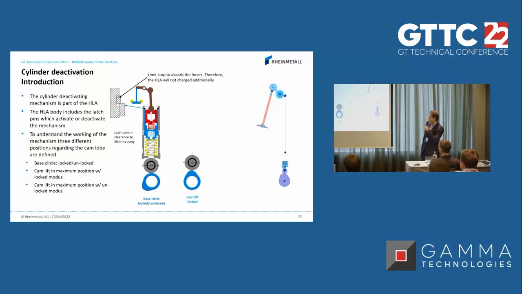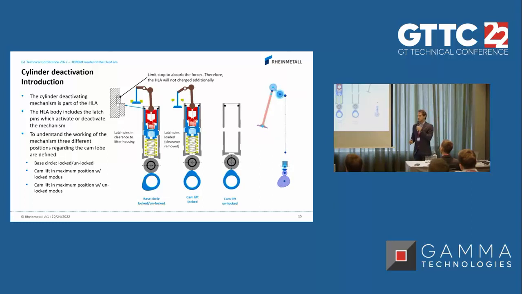So what does happen if the cam lift is locked? The latch pins are loaded and transmit the forces to the top, and since the valve journal at the top is fixed, the valve opens. So now it's getting interesting. If we want to deactivate the mechanism, we put the latch pins inside, and the HLA and the spring balance the forces. So the valve will not open at this point.